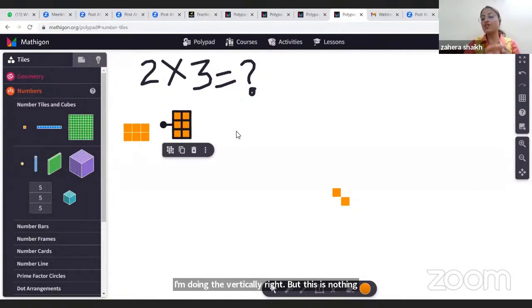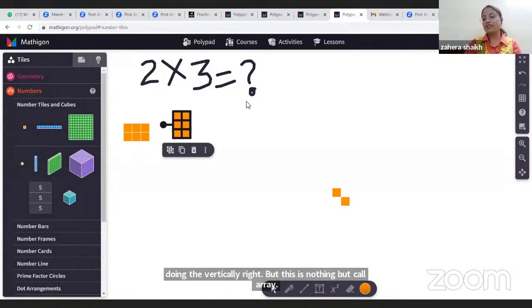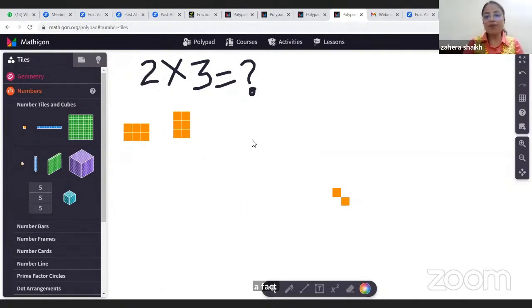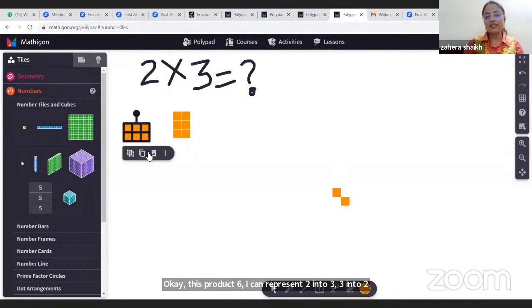How many different combinations am I using to represent the product 6, which is nothing but the multiplicative fact they are learning, right? Here they are able to understand that this product 6 I can represent as 2 into 3, 3 into 2, and another way is also there.